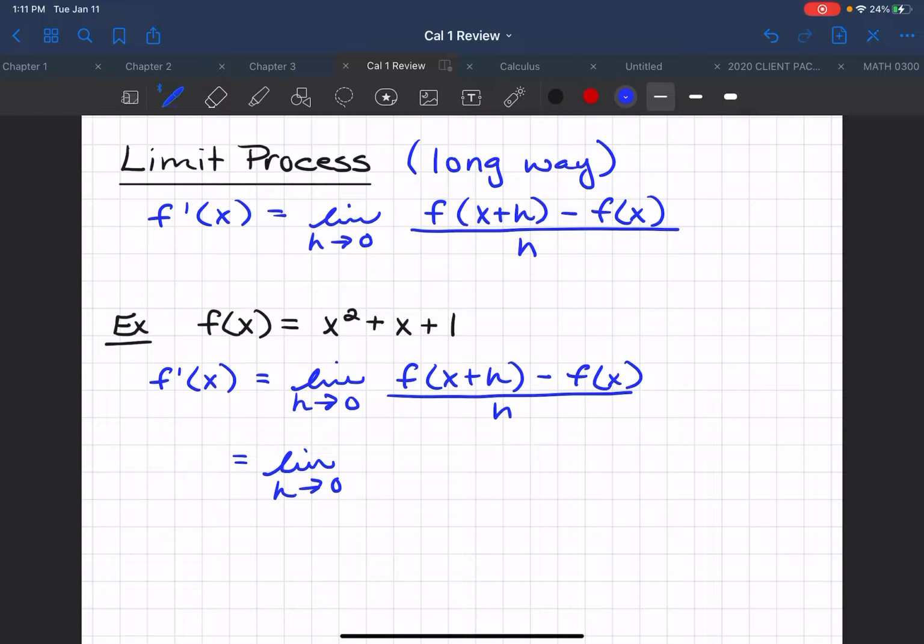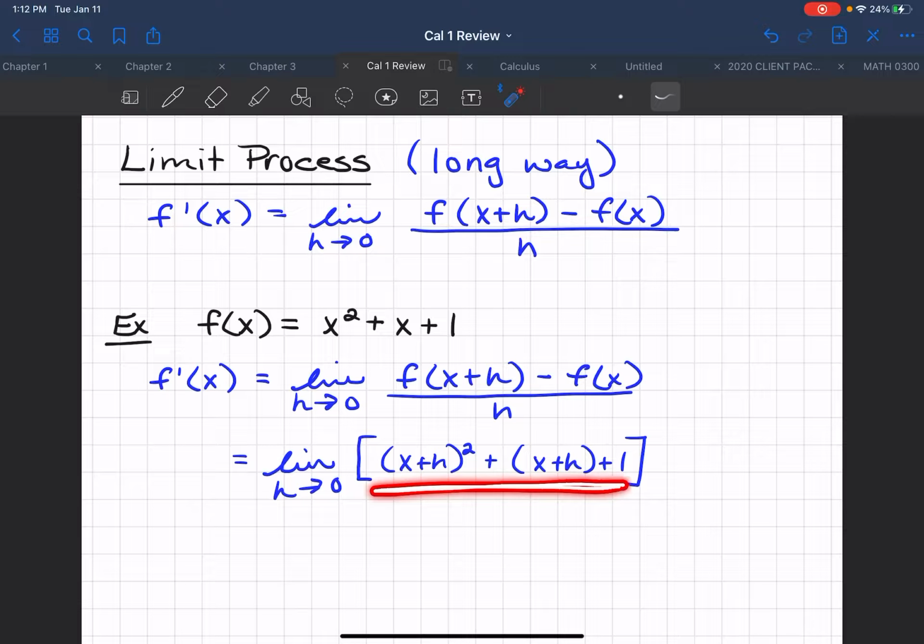F of x plus h means anywhere there's an x, I'm going to plug in x plus h. So that's going to give me x plus h squared plus x plus h plus 1. Now I'm putting a bracket around the whole thing just to signify that this whole thing is this part of my equation.